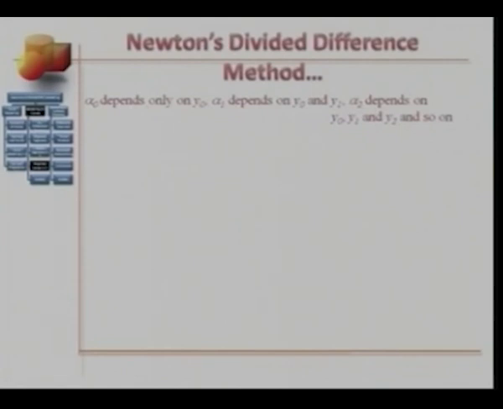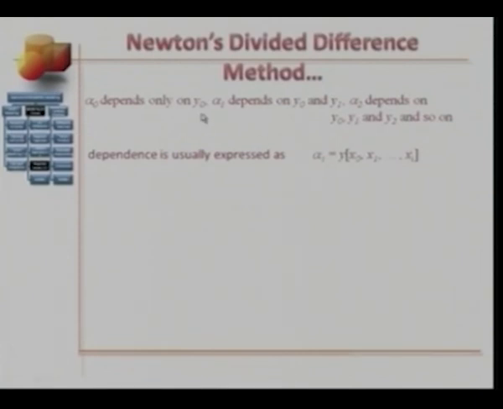Using this observation, let me introduce some notations here. In general, we can express this dependence as follows. Alpha i is equal to y within square brackets. Now this is important. Y within square brackets, function of x0, x1 up till xi.